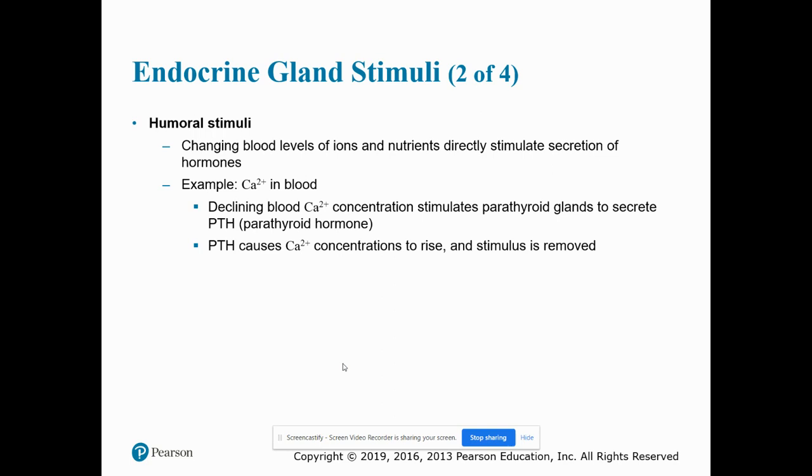Parathyroid hormone, as you may or may not remember, causes osteoclasts to break down bone, and it's going to release calcium, which is going to cause calcium concentrations to rise in the blood, and then the stimulus is removed. So that's humoral stimuli. This is with ions and nutrients, direct stimulation.